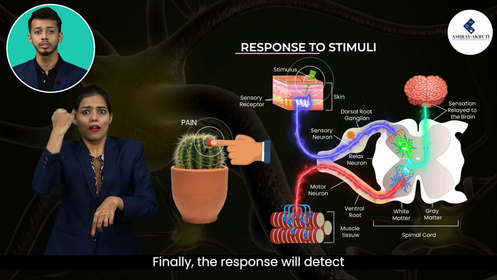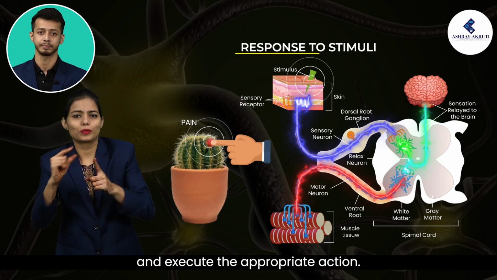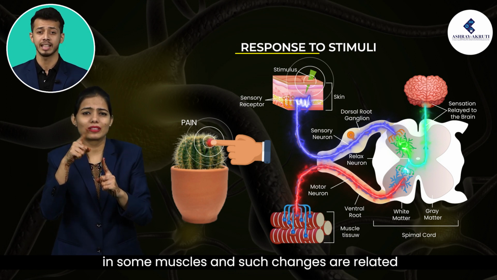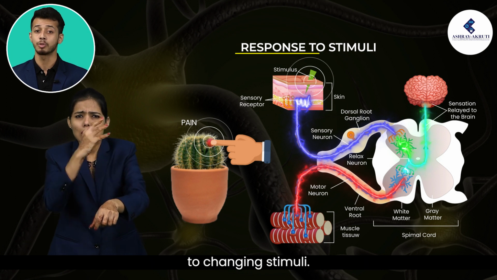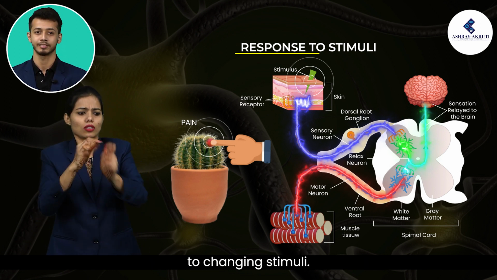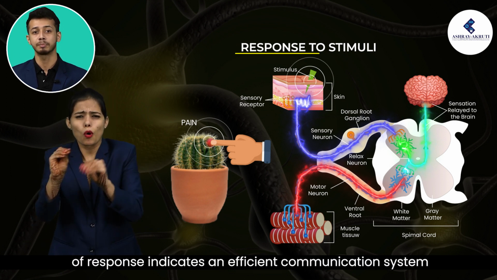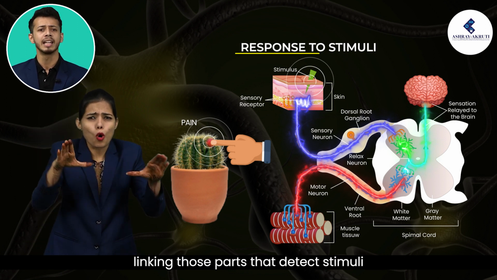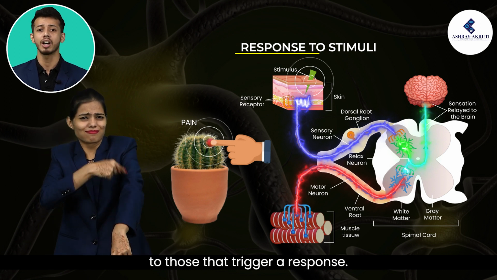Finally, the response will detect and execute the appropriate action. Responses are brought about by rapid changes in some muscles, and such changes are related to changing stimuli. The rapidity of a response indicates an efficient communication system linking those paths that detect stimuli to those that trigger a response.